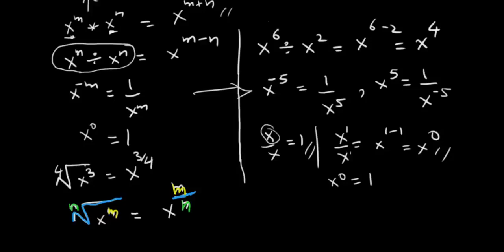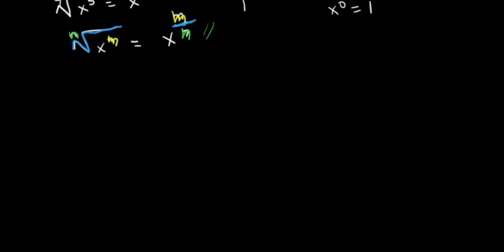So any surd form can be converted into this form of indices, and then it can be very handy if we like to do operations following the rules of indices.